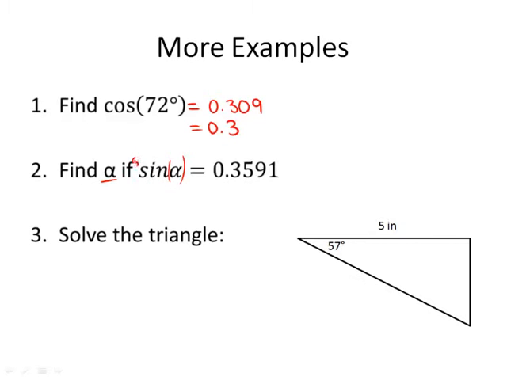So in our calculators, we want to access it by using the sine inverse function, which leaves us with alpha being sine inverse of 0.3591, giving us 21 degrees. Remember to stay in degree mode. If you're not getting these numbers, then that means your calculator is not in the correct mode.